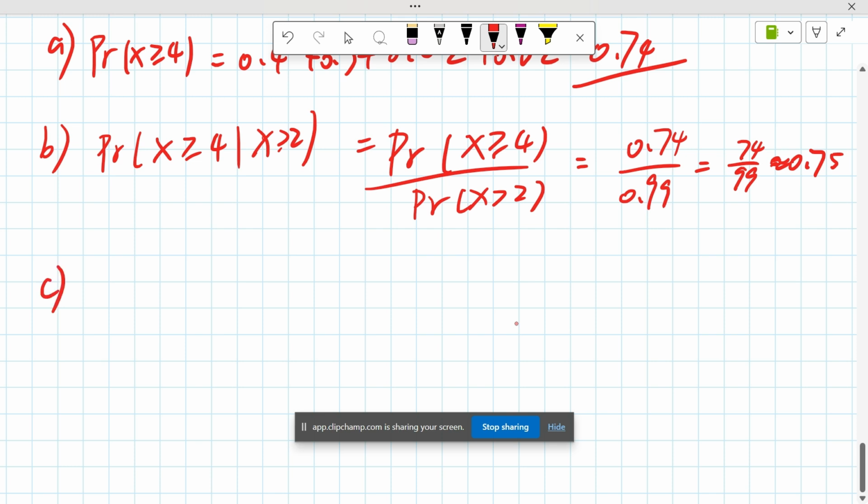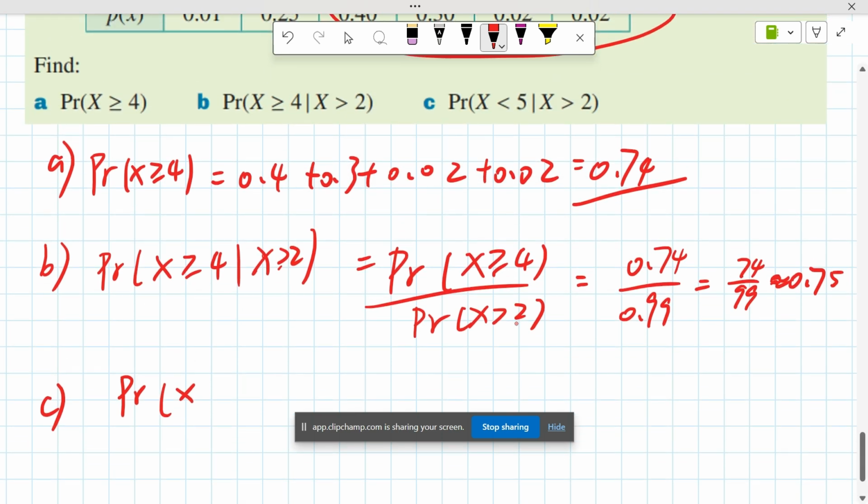Question C. Probability of x less than 5 given x greater than 2.